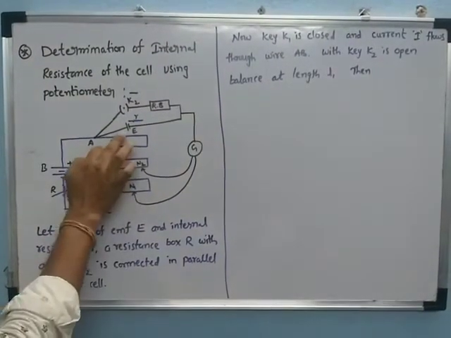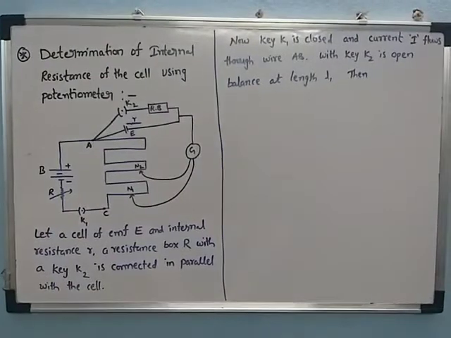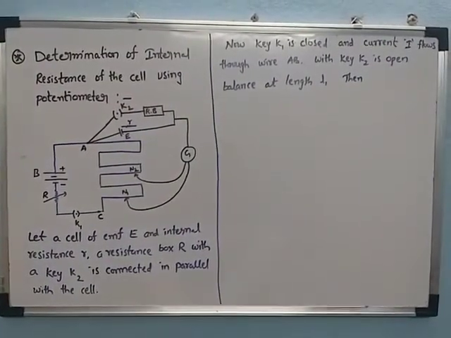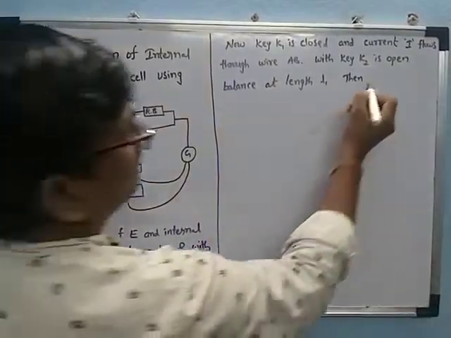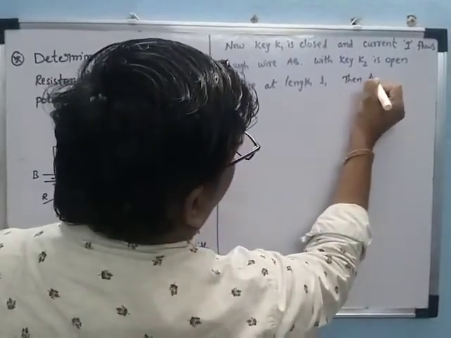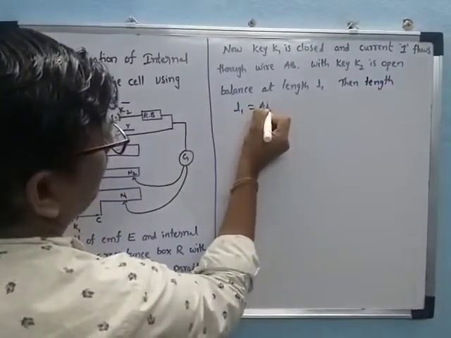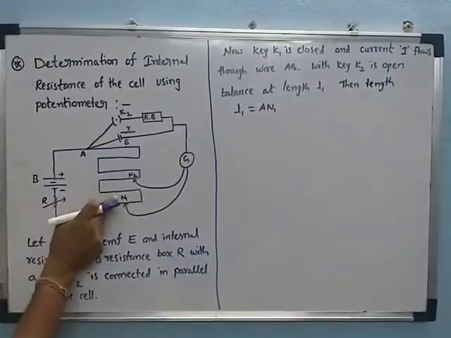Then the balancing length is L1, that is, A to N1.